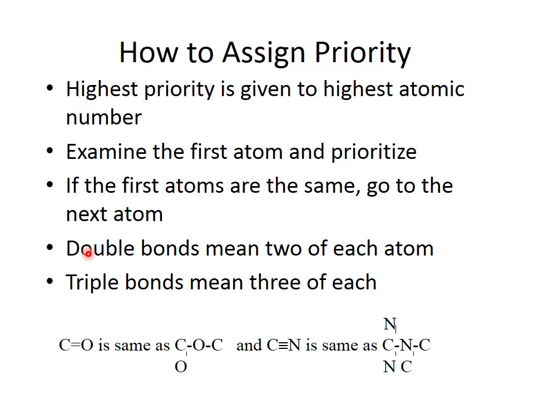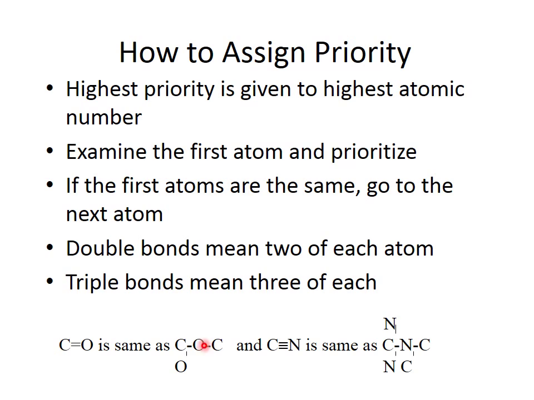Where it gets confusing is double bonds. If I look at double bonds and triple bonds, for instance, down here, this carbon is double bonded to the oxygen. That means basically we give it the priority as if it's 2 oxygens attached. But you have to realize that the oxygen is bound back to the carbon.